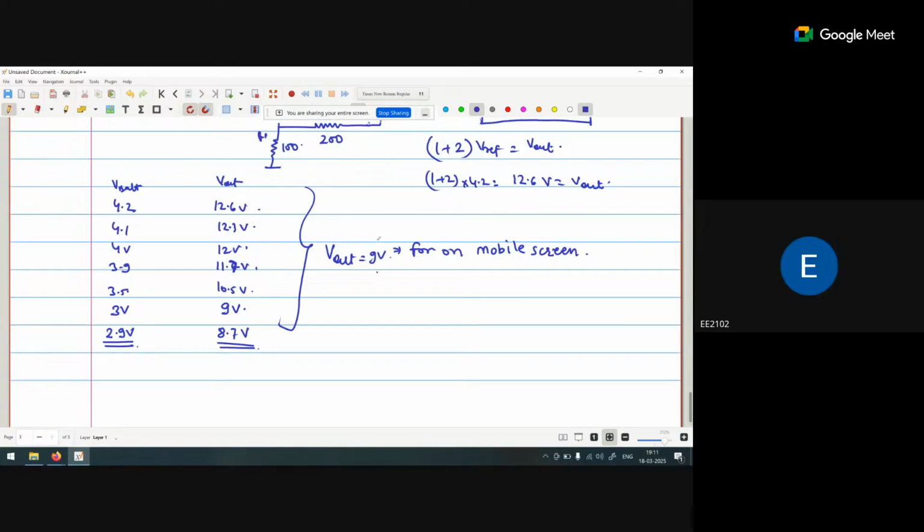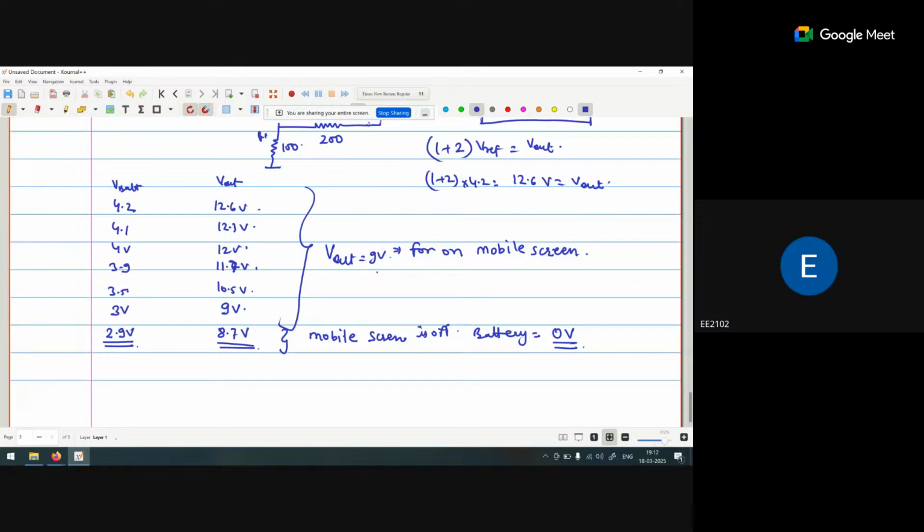Now in this case, my mobile screen is off, but the battery is not completely zero. So now what will happen?